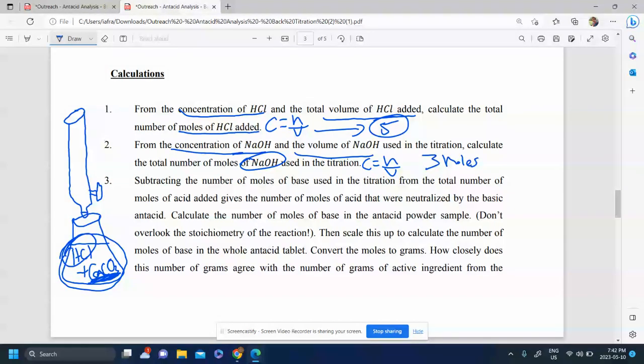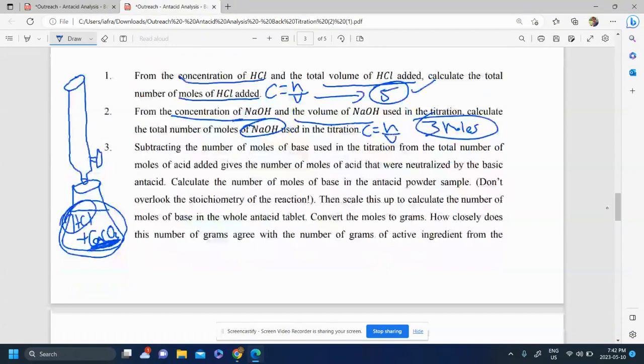What that means is you had 5 moles of acid, but when you did a titration, you only detected 3 moles of acid. So what does that mean? Well, the idea is that 2 must have been used up during the reaction with the base.